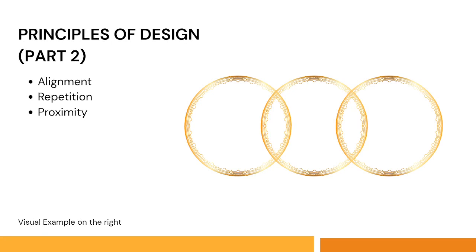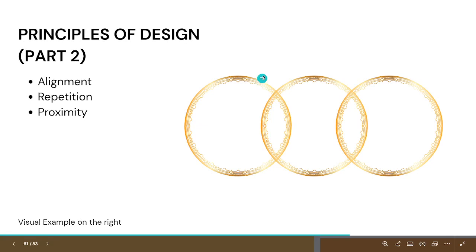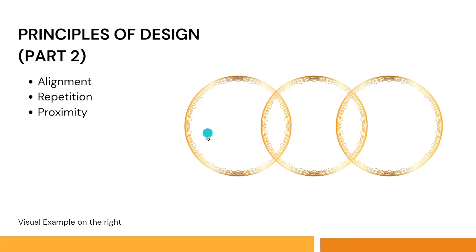Today we'll be looking at the second part of the principles of design, and there are 3 principles we'll be looking at today. The first one is alignment, repetition, and proximity, and the visual example is on the right. These 3 rings are aligned as they are laying on top of each other, and the repetition aspect means that we have 3 circle rings which are being repeated.